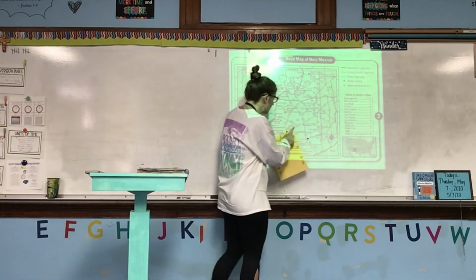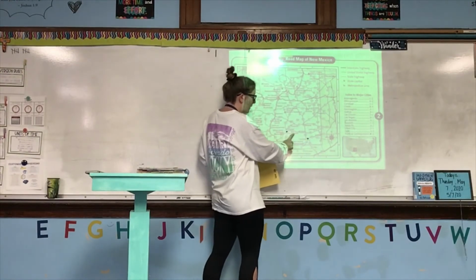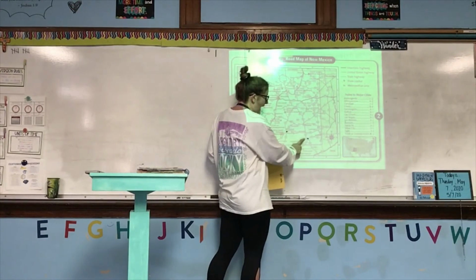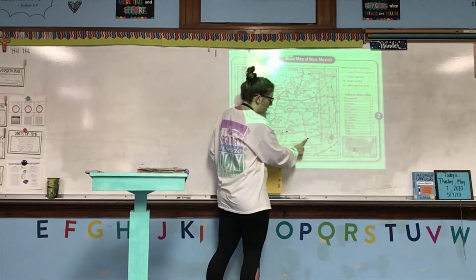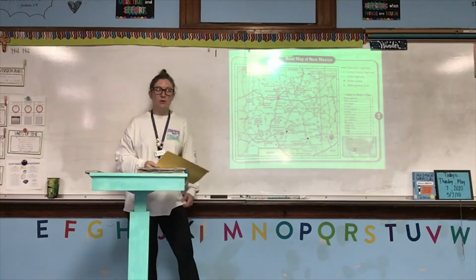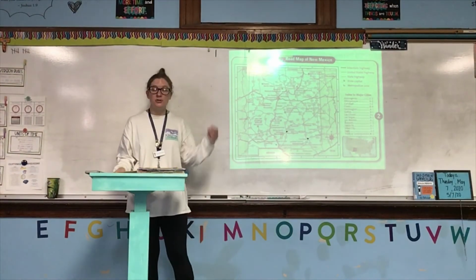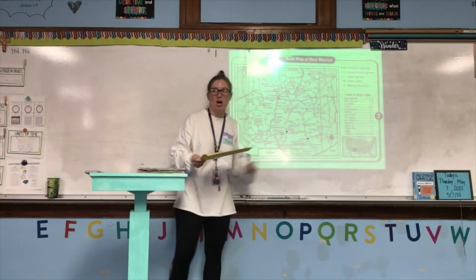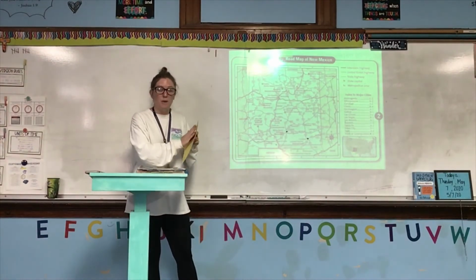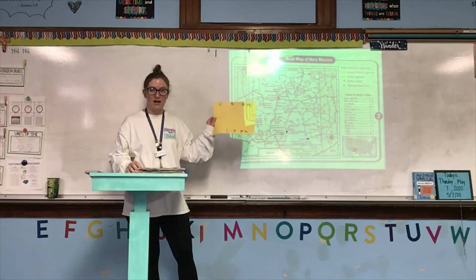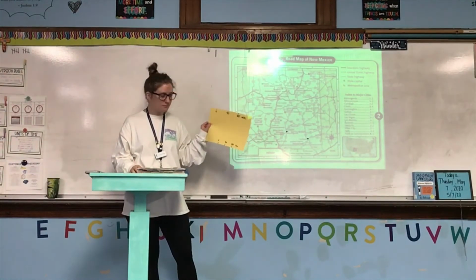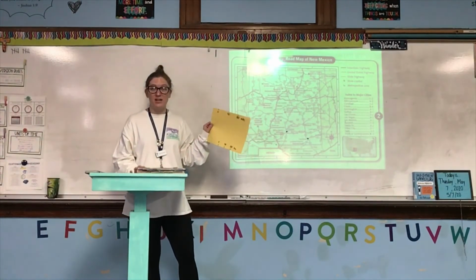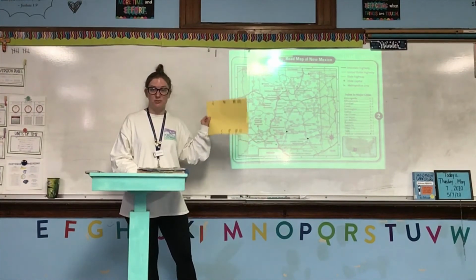So that means we take the 90 miles from Alamogordo to Artesia and add it to the 30 miles from Artesia to Carlsbad. And so altogether, it's about 120 miles to drive from Alamogordo to Carlsbad. So make sure that you're paying attention to how I use this map scale, because you're going to have independent practice where you are going to have to do it again.